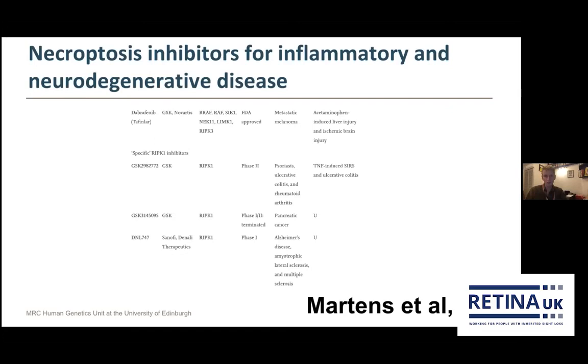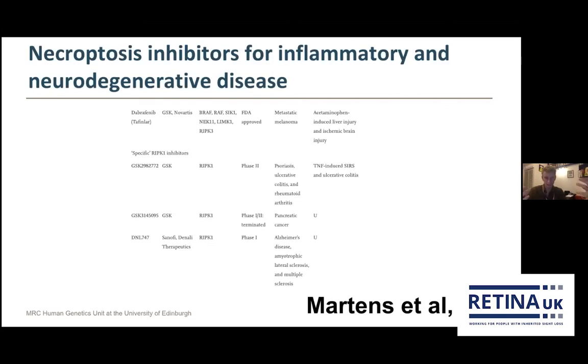Now, this is exciting because necroptosis inhibitors are already in clinical trial for various inflammatory diseases and various neurodegenerative diseases. And what I'm showing you here is just a table from a review by Martins et al. from last year. RIP kinases are the proteins which activate MLKL, which I spoke about just a couple of minutes ago.